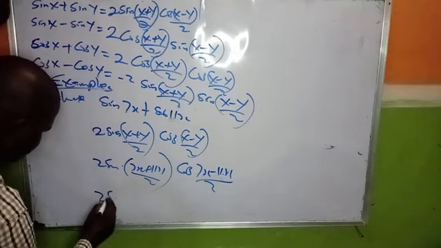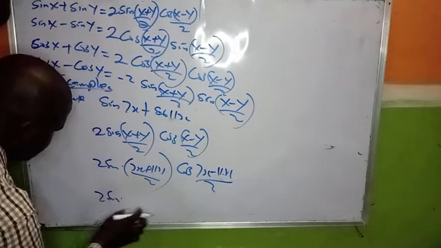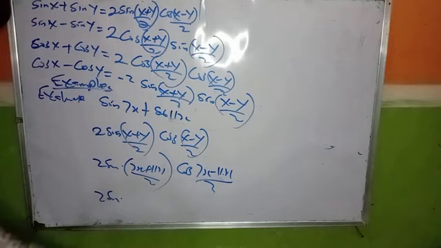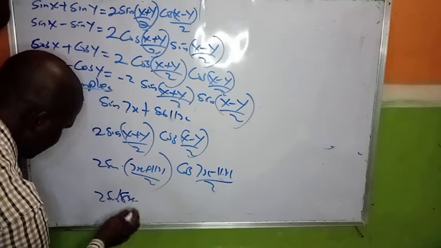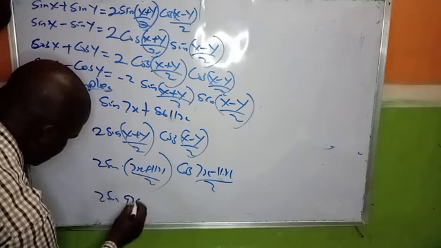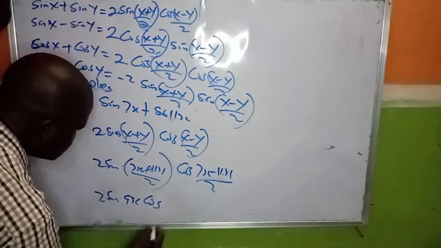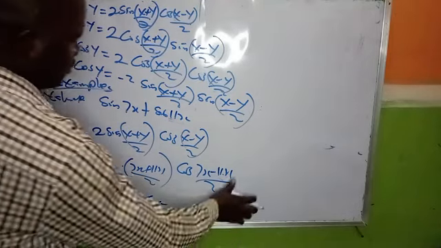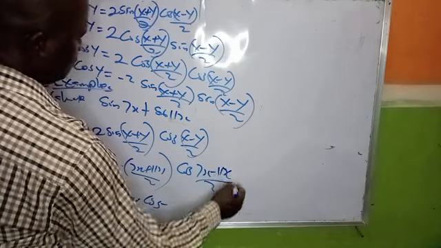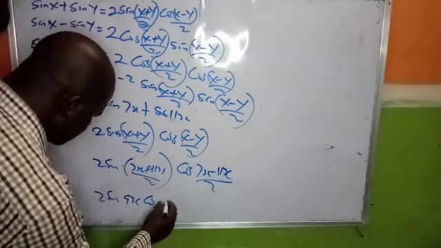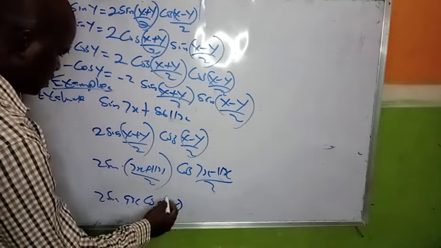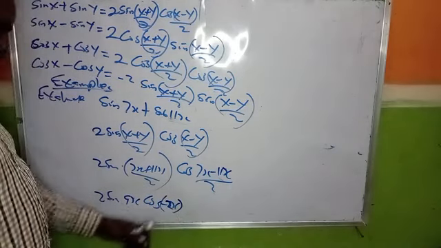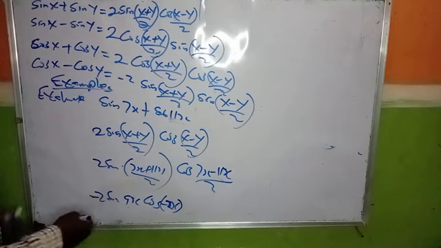So what you have here is sine, this one will give you 18x divided by 2, that's 9x. Then you have cos, here is minus 4x divided by 2, so you have minus 2x, which is cos 2x. So that's your answer.